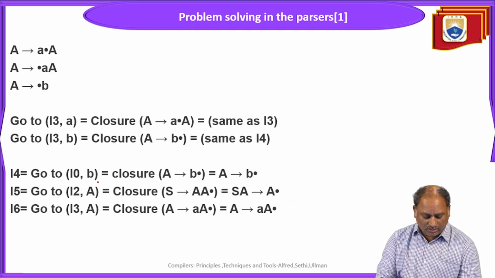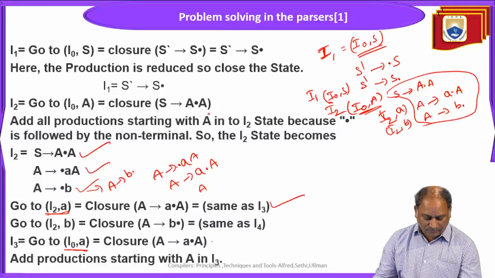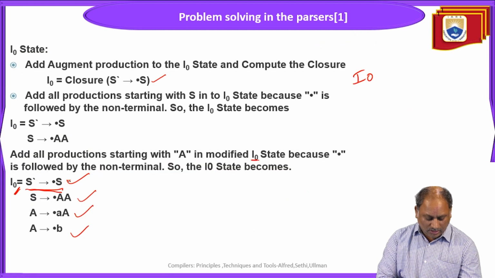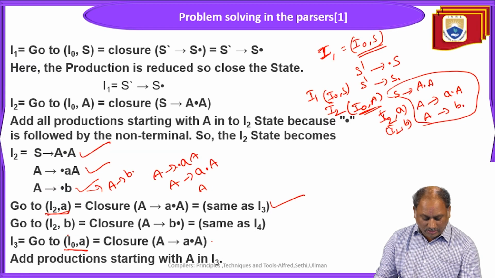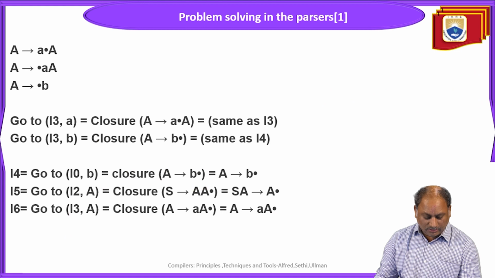Now once again we perform for I4 also. I4 means here I0, I1, I3. So A derives B, A derives B, so here A derives B dot. Here it is completed.